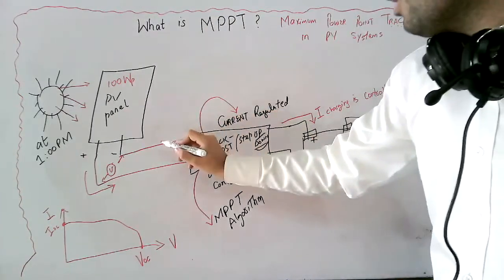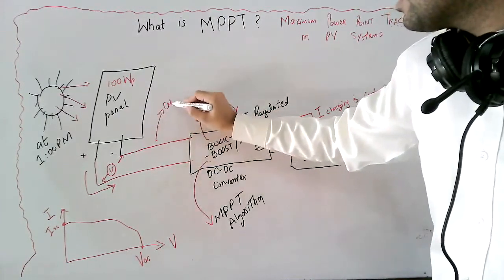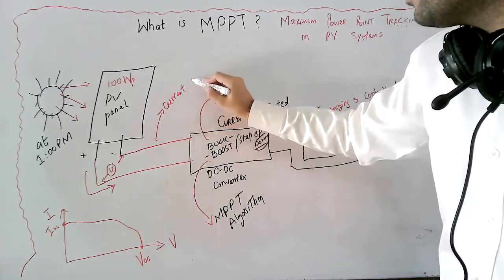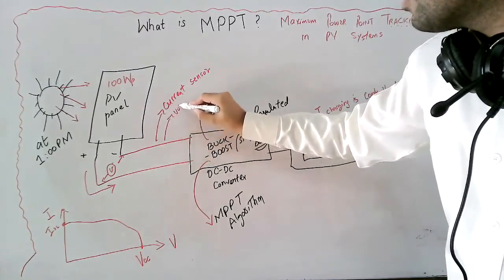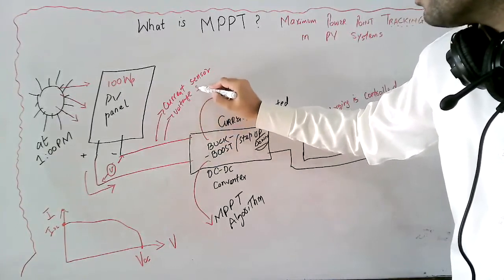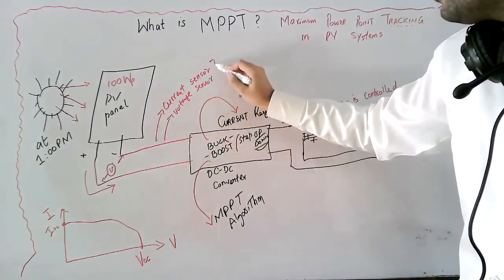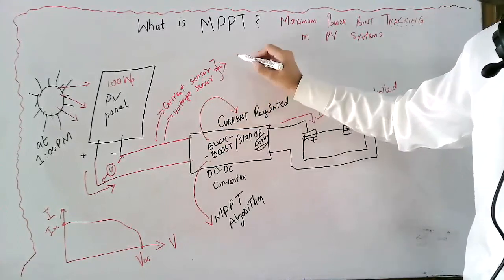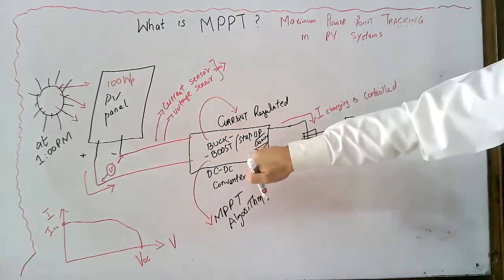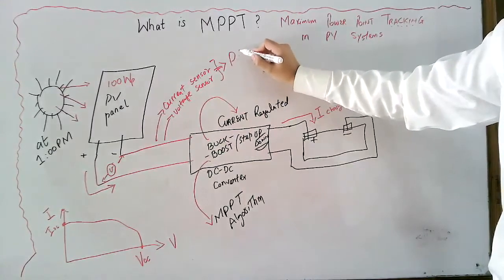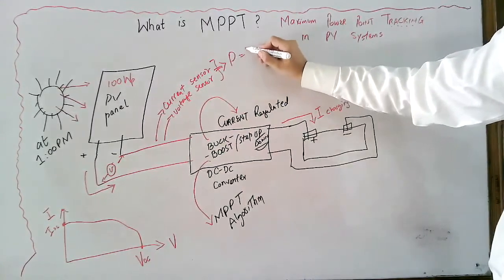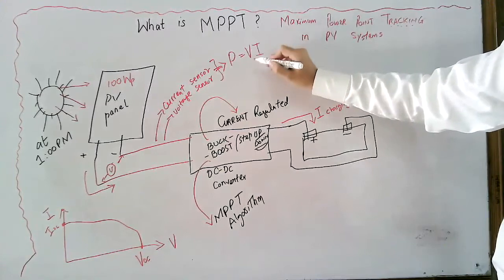Here you have the current sensor and you have the voltage sensor, and inside the algorithm, inside the microcontroller which is built in this power converter, the product of V and I is always computed.